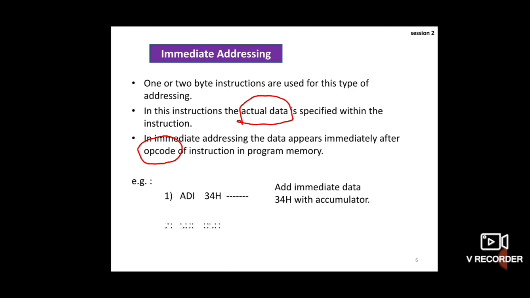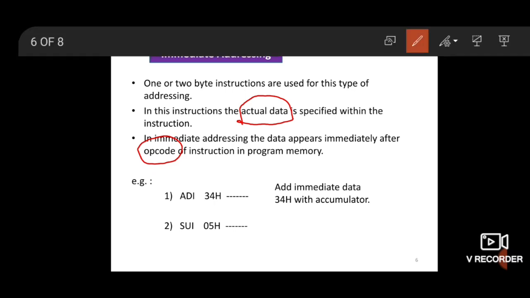Now see one more example. SUI 05H. SU means subtract, I means immediate. 05 is 8-bit data, which means 05 is the actual data. See, 05 is actual data, 34 is actual data. And in the opcode, see here, third point: in immediate addressing, the data appears immediately after the opcode.